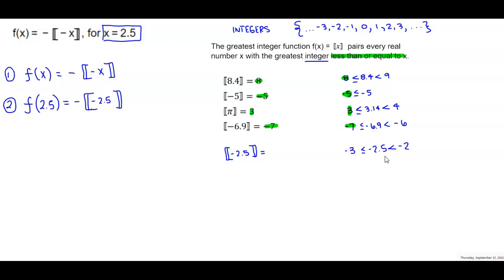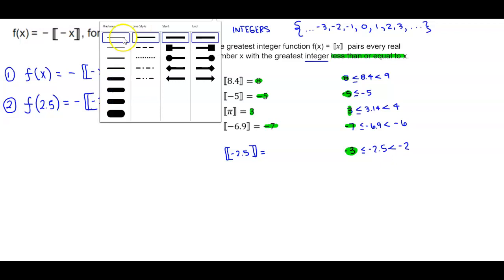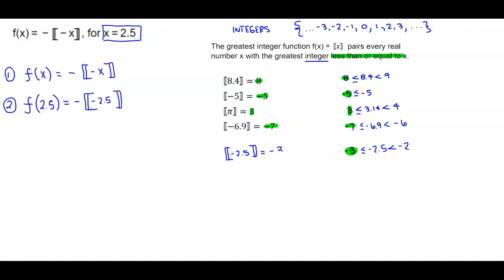Negative 3 is less than negative 2.5, and negative 2 is greater than negative 2.5. Remember, we are finding the number that is less than or equal to x. The number that's less than or equal to negative 2.5 is negative 3. So we set this equal to negative 3.